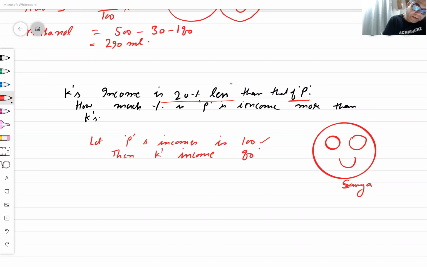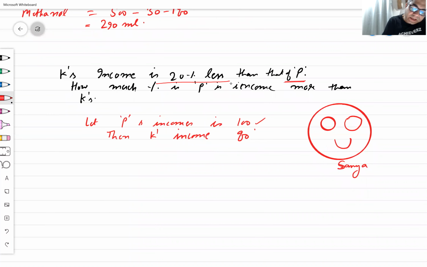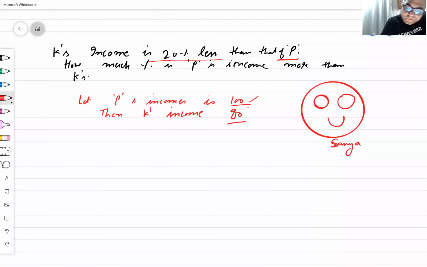So now the thing is, K's income is 80 and P's income is 100. So what is the difference here? This is 20 rupees more, but on the base of 80.